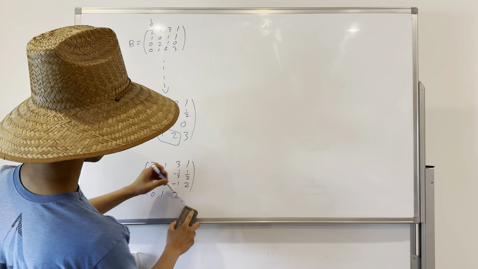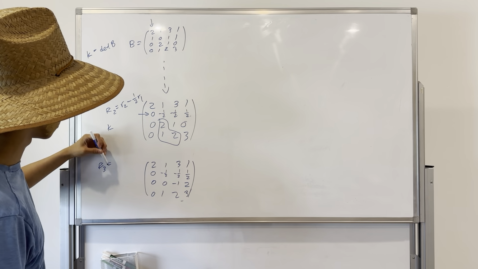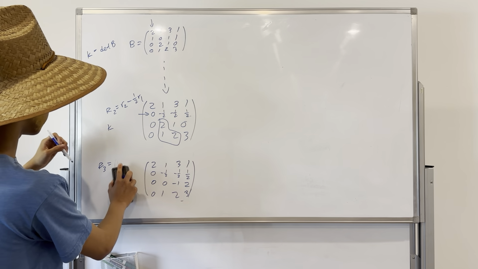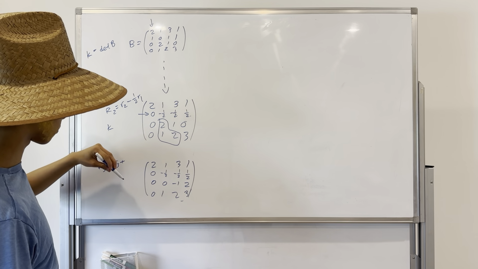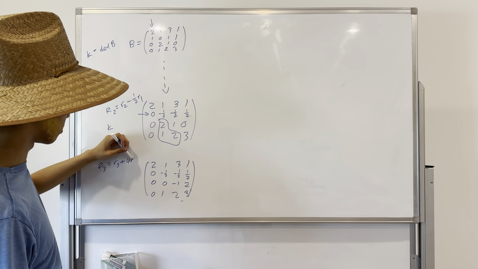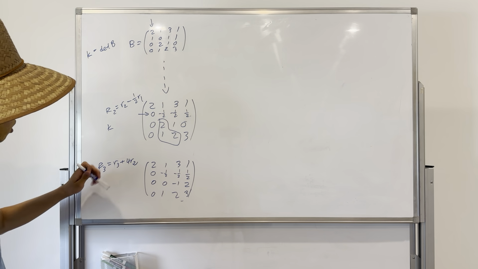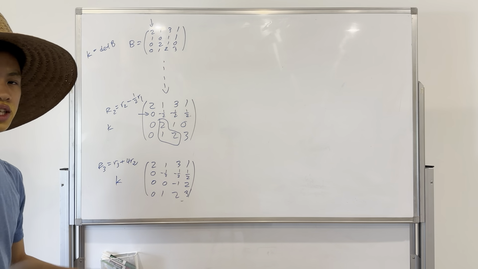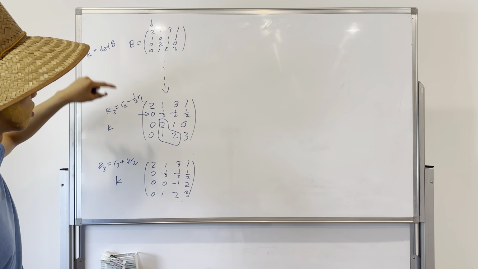What did we do? We added the original row 3 with 4 times row 2. So k would remain the same because additive row operations do not change the determinant.